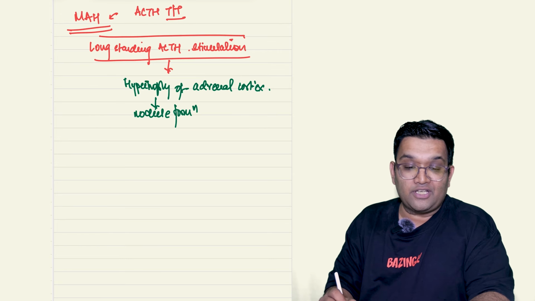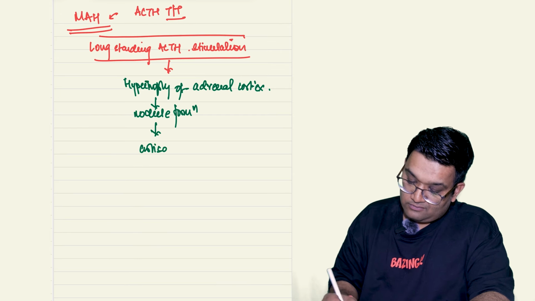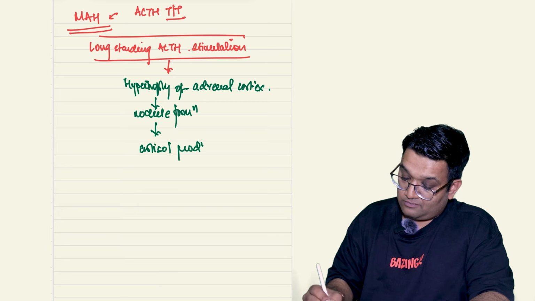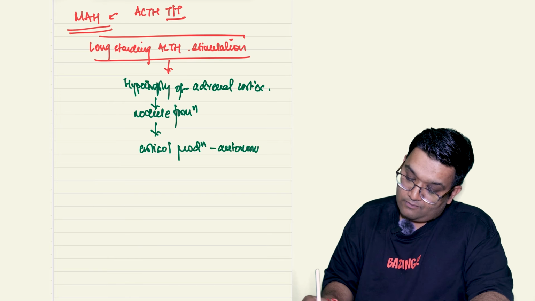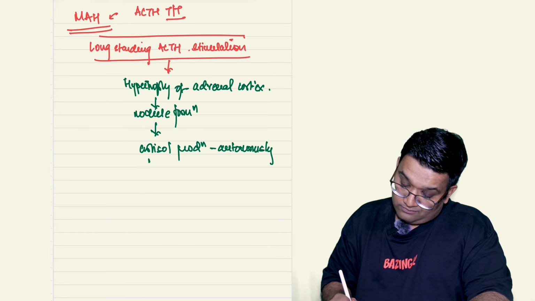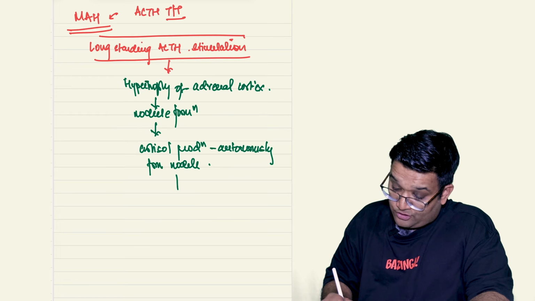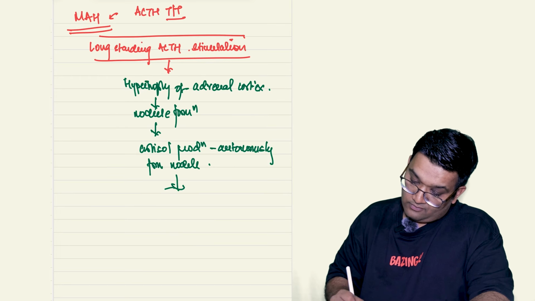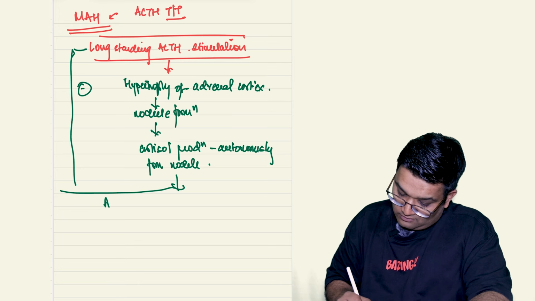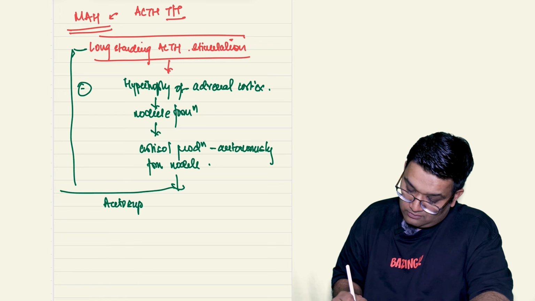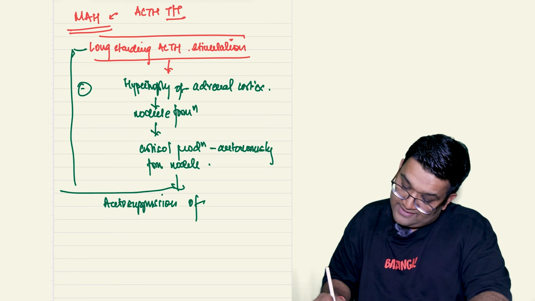So what will happen? There will be nodule formation. This nodule formation starts producing cortisol autonomously, and this leads to an auto suppression of ACTH.